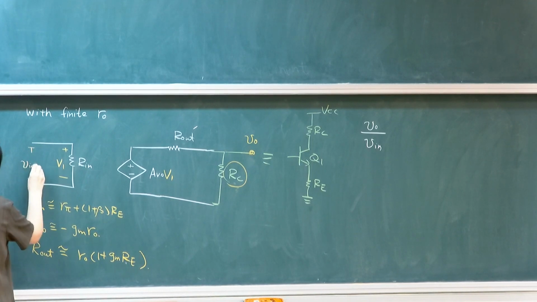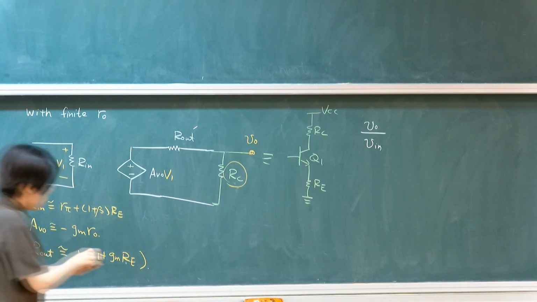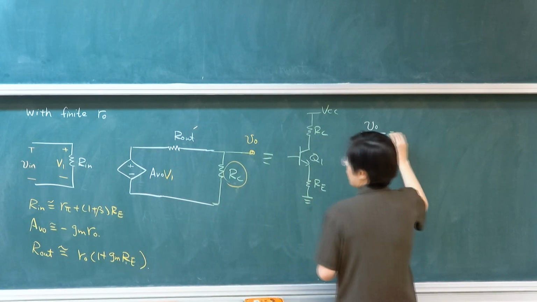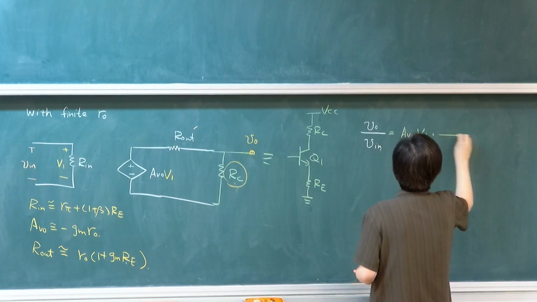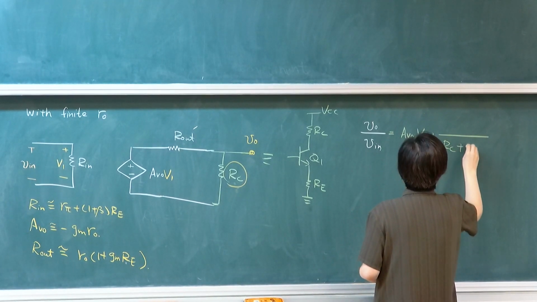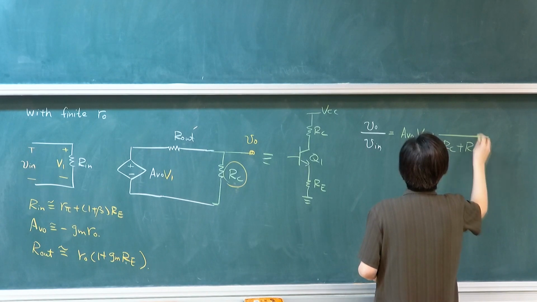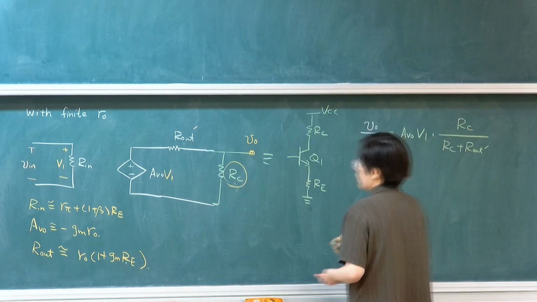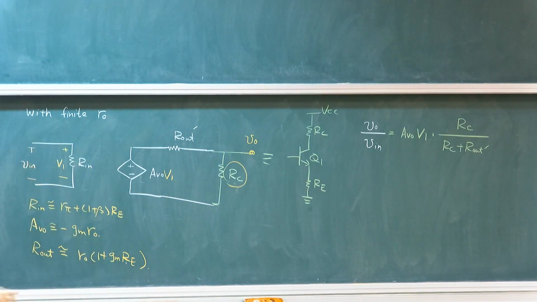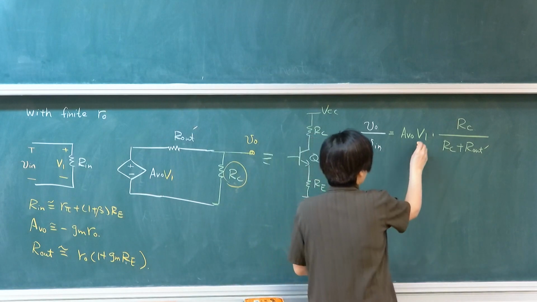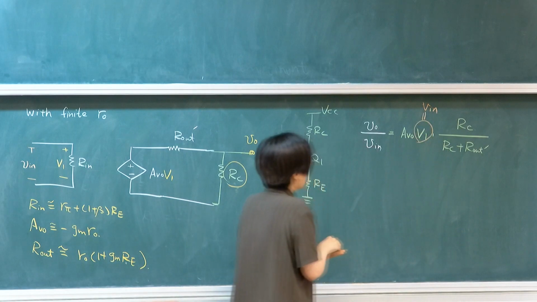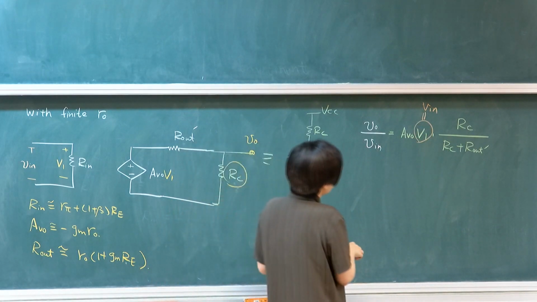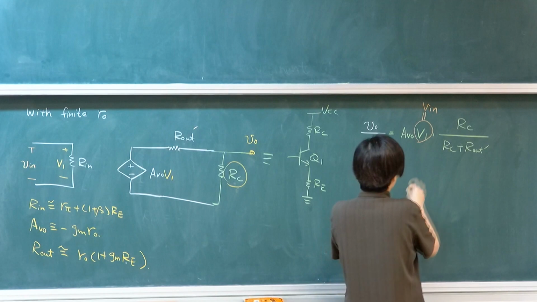We'll not consider the input effect. So this will be AVO, based on this model, V1 times RC plus RL. We know that V1 is V in because there's no source resistance, divided by V in, sorry.